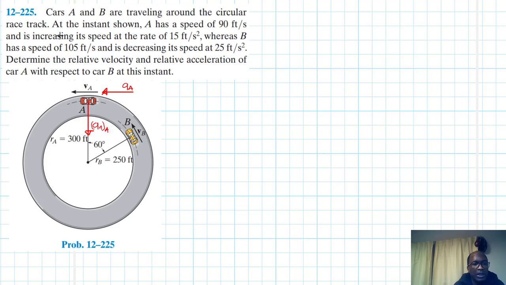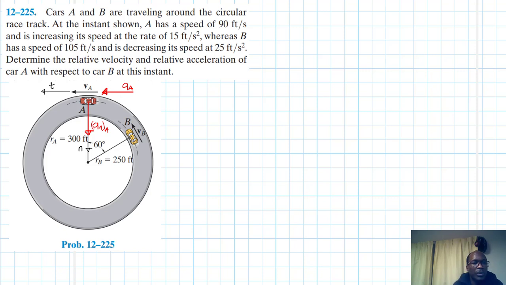So this particular axis here, I'm going to call it T, and this one we'll call N. This one is N, this one is T. So these are the ones for A.